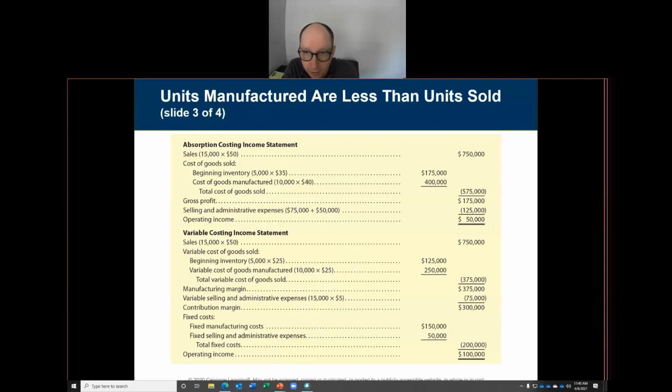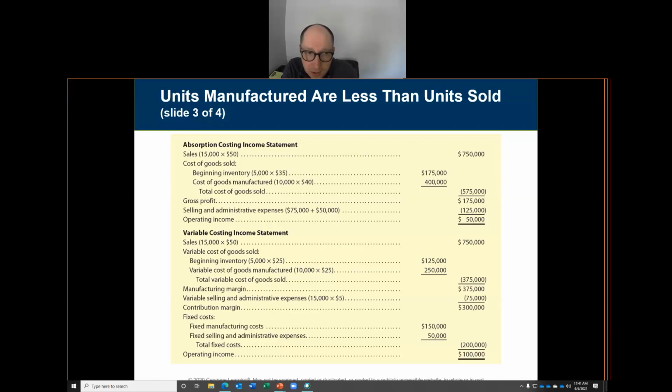Beginning inventory, 175,000 on our absorption costing. $35 per unit of cost of goods manufactured. Why 35? Because that includes 25 variable plus $10 fixed. That's how you get 35.